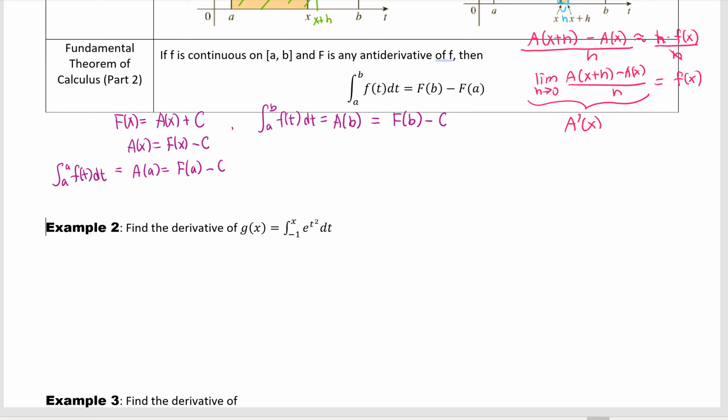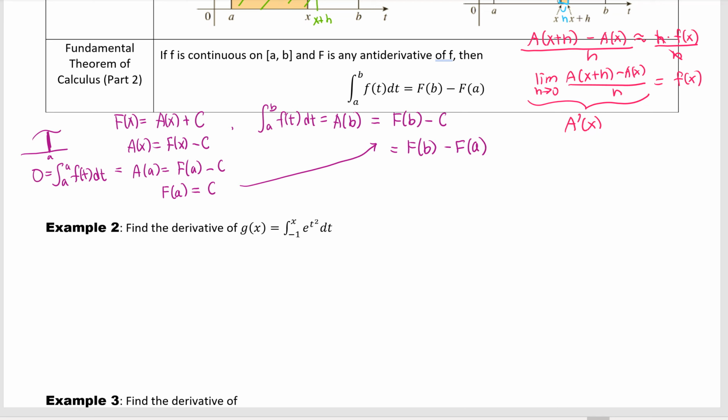We know by definition this is like a line segment. What's the area of a line segment? It's 0. So that tells us that F of a equals c. That's why when we plug in here, we get F of b minus F of a.